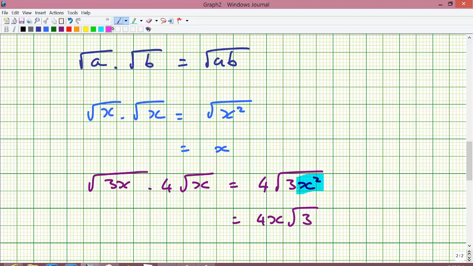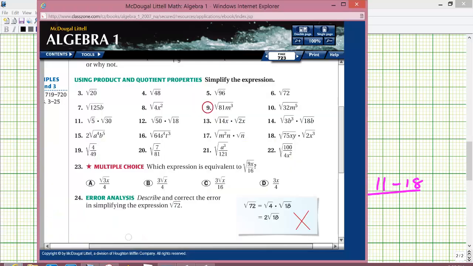Okay, now the problems 11 through 18 on the same page. Let me get some for you.